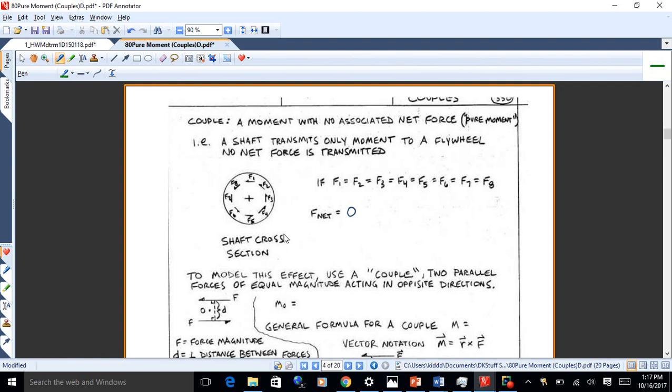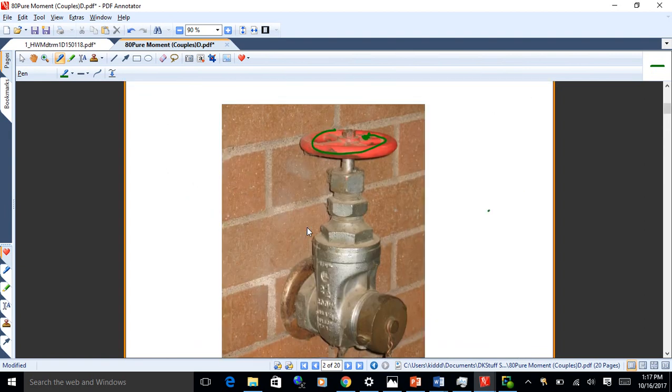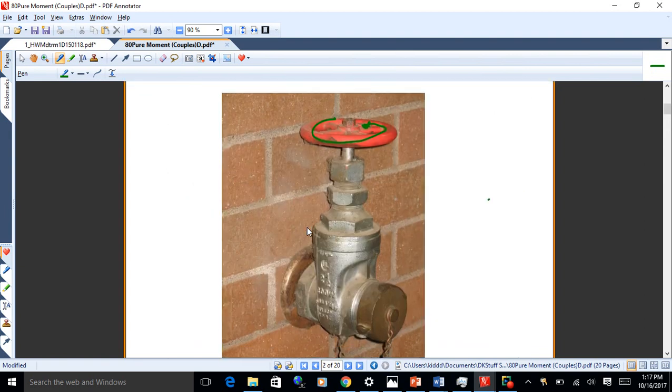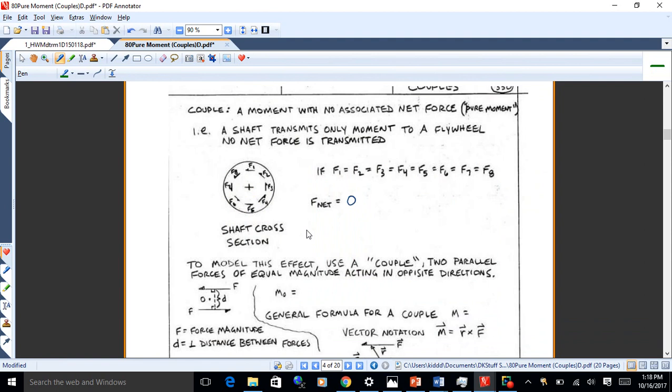Now, really, there are forces when you do this, but they all create the same sort of twist. So if you were to take down what's happening in the shaft of that valve, what you have are a bunch of little forces all going, let's say, counterclockwise. The assumption here is that they're all equal to one another.